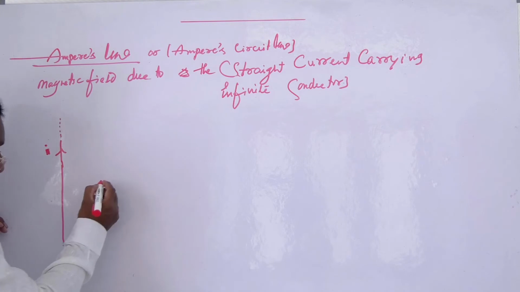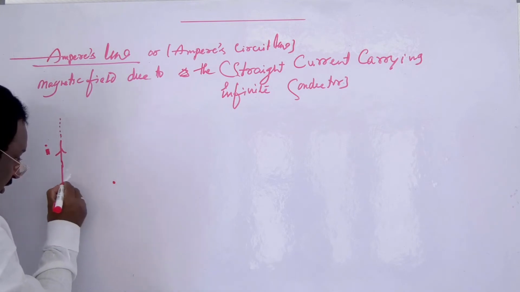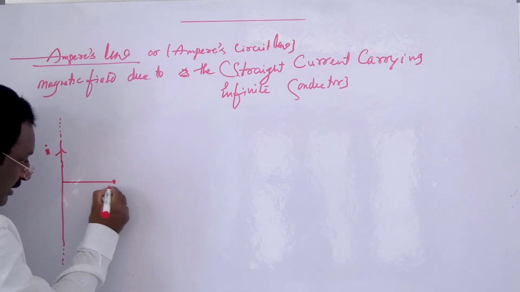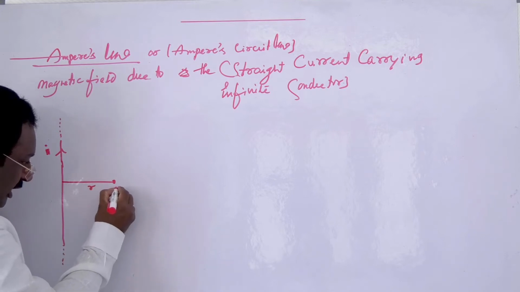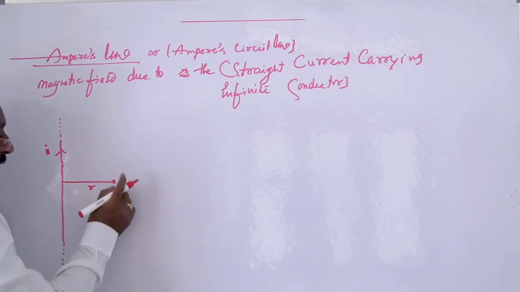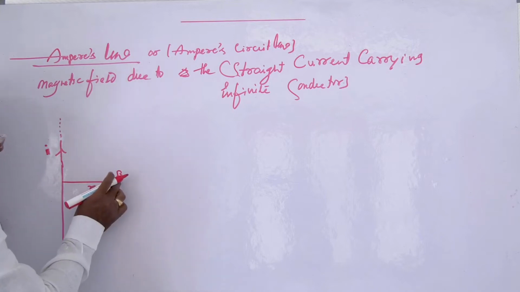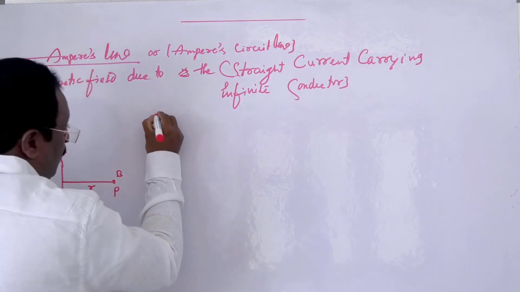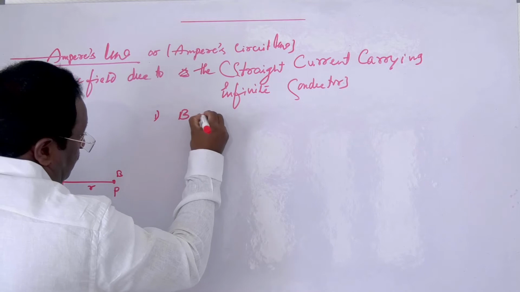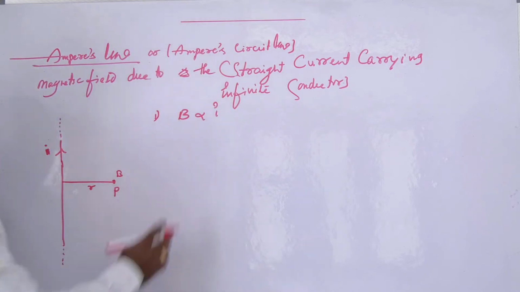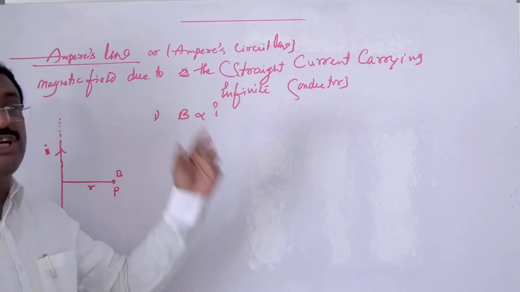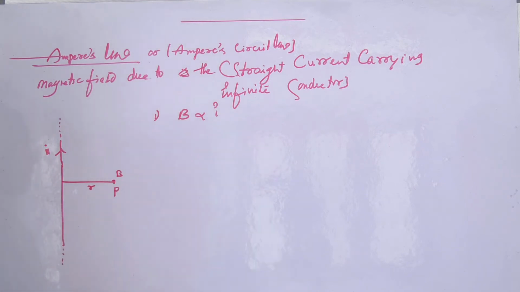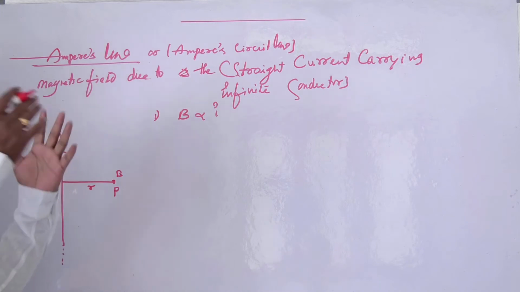So you choose one point near this conductor, at a distance r. Let us consider a point P. At this point, the magnetic field B is directly proportional to the strength of the current. If I increases, B also increases. If I decreases, B also decreases. For example, due to this current, around this conductor, the magnetic field is, let us say, 100 Tesla.